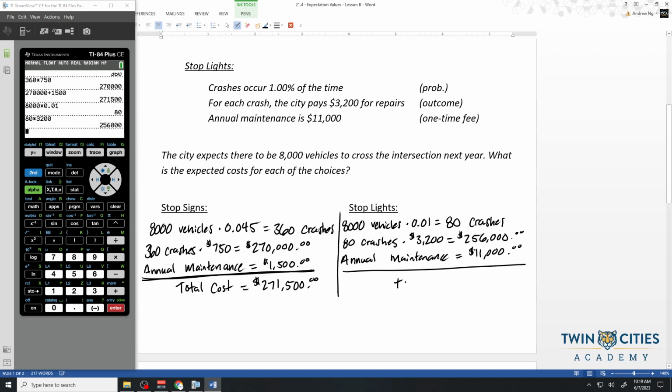Okay, so the total cost here is going to be 256,000 plus another 11,000 for a total cost of $267,000. Or in other words, it would appear from the information that we're given that stoplights would be less costly to install for the city.